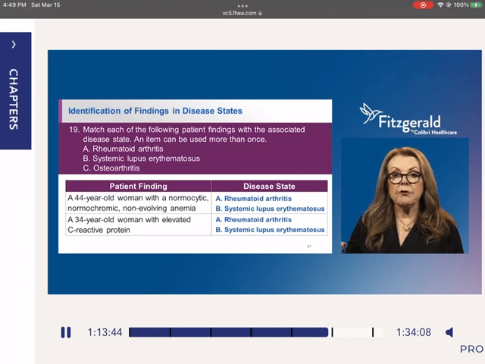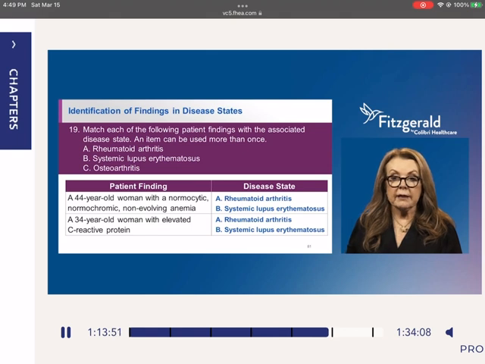The other part you'll notice on these, both of the cases are younger women. And RA and lupus are far more common in younger women than they are in males.